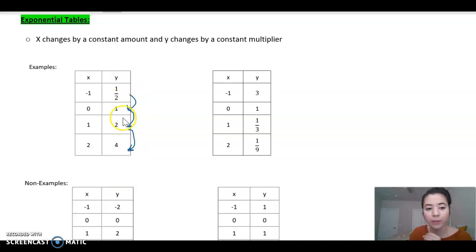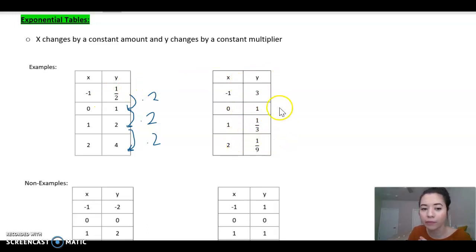So for this table, we have something that's being multiplied by each time, and that is 2. 1/2 times 2 is 1. 1 times 2 is 2. 2 times 2 is 4. We're multiplying by the same thing every time as we go down our y values. So that would be exponential.